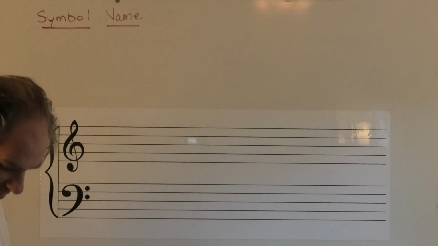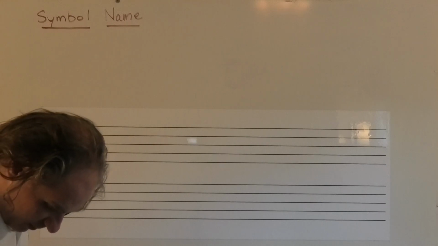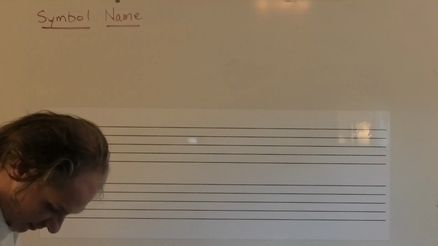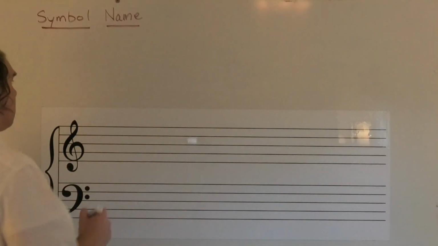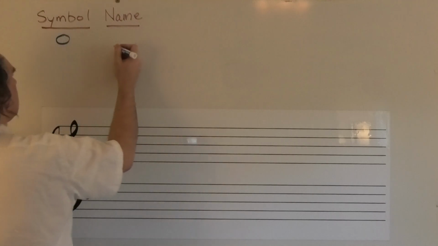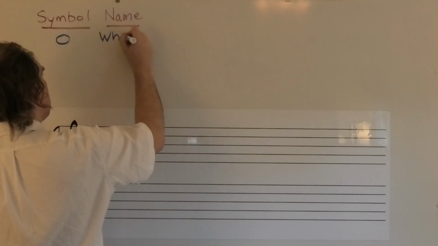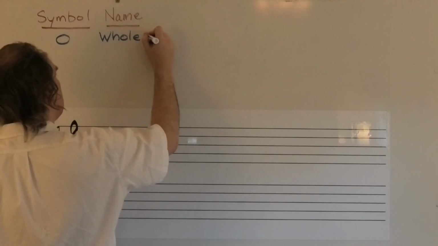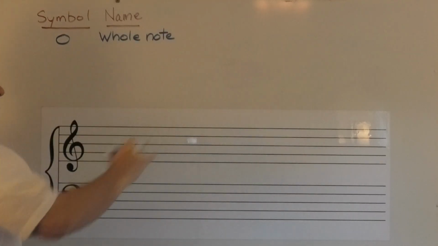So for instance, the whole note will look like this. This is the symbol. The name is whole note. Go ahead and draw this whole thing.